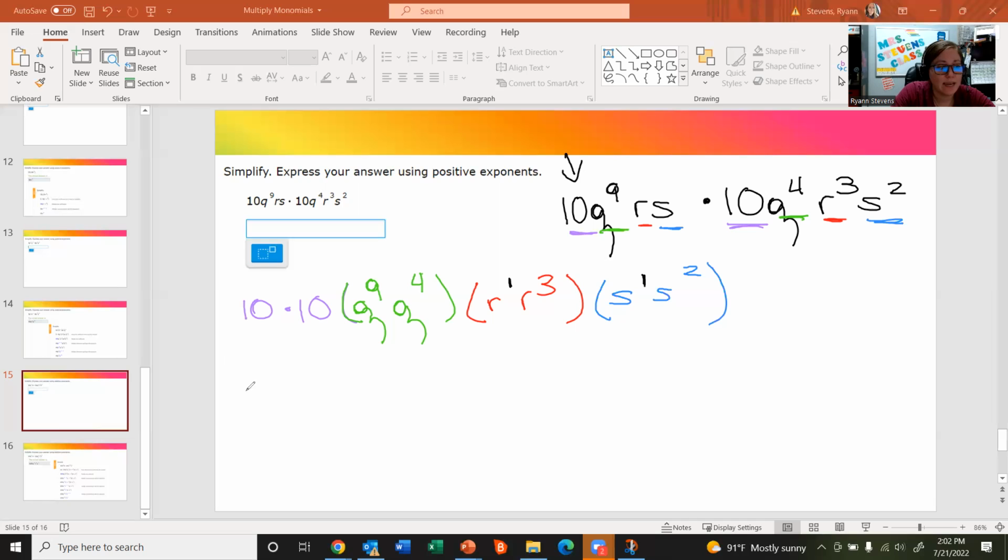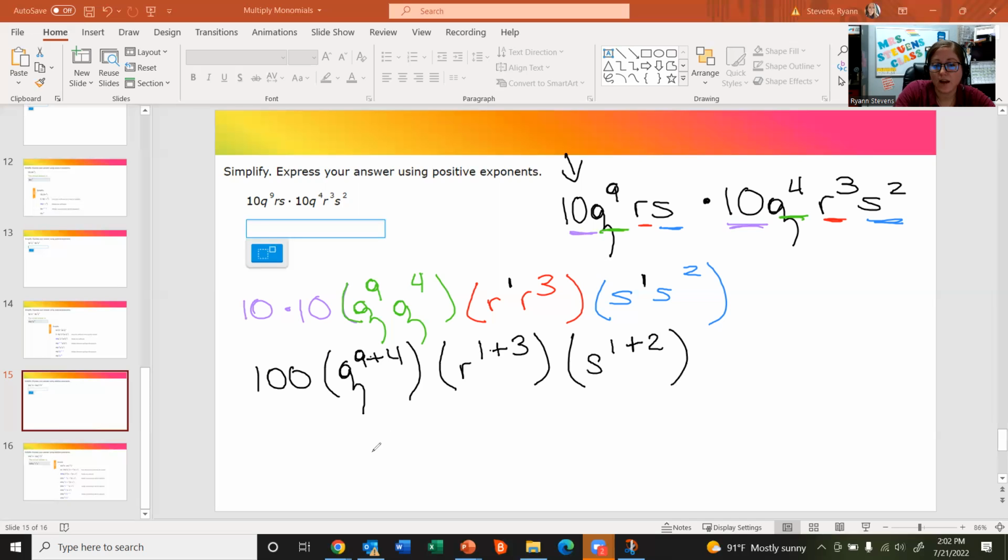Okay, so 10 times 10, we would say that is 100. And then q to the 9th plus 4. And then we'd have r to the first plus 3. And then we would have s to the first plus 2.